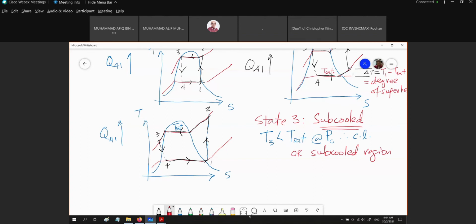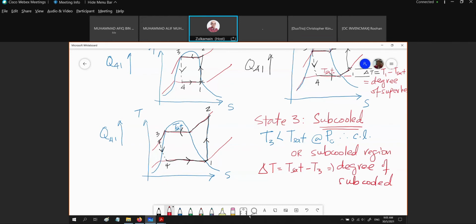And if we can write the delta T right here, which is equal to the T sat minus T3, this is also known as the degree of subcool. Okay, degree of subcool.